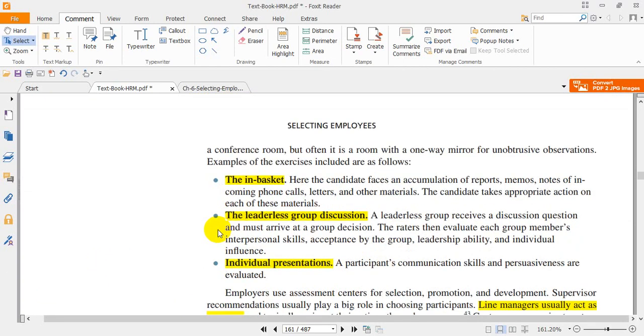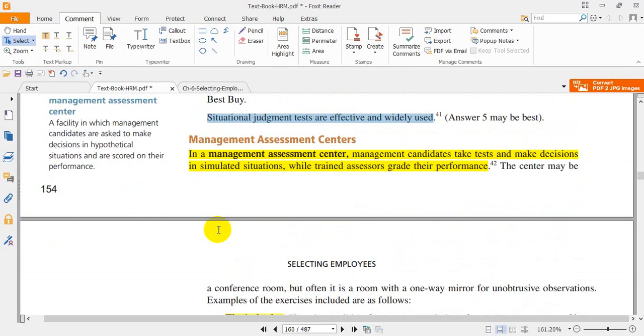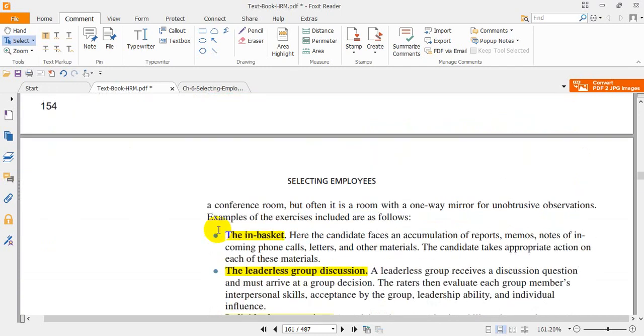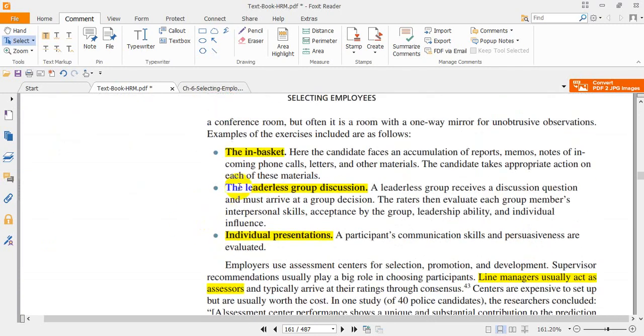There are 3 examples for this type of test: the in-basket, the leaderless group discussion, and individual presentations.